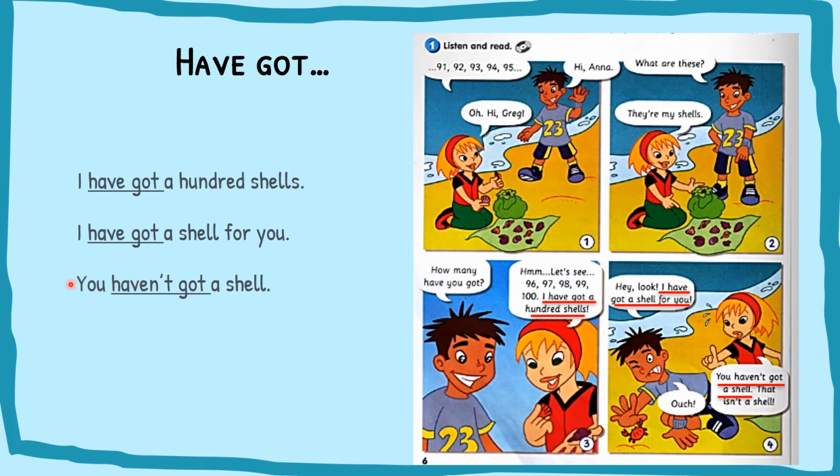The subject is you. You is in the plural group. When in the plural group, we use have. But this sentence is in the negative form. In the negative form, you use haven't got, or if you don't want to shorten the form, you can say have not.